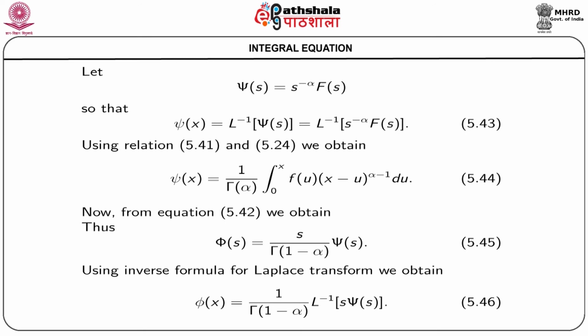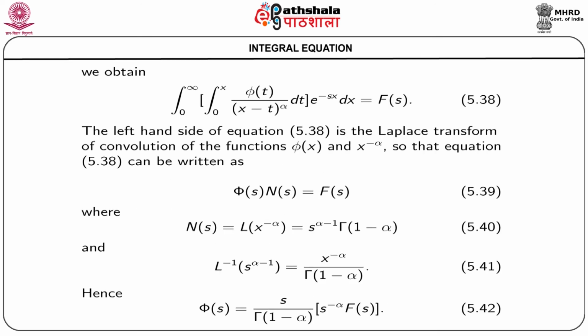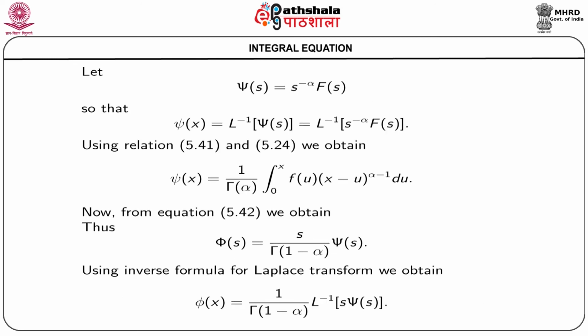S to the power minus alpha is the Laplace transform of a certain function which can be calculated from equation 5.41, and capital F s is the Laplace transform of small f x. So, for the product of two transformed functions, their Laplace inverse can be written as the convolution of the corresponding functions, which is given by the right hand side of equation 5.44, and this function is given by psi x.